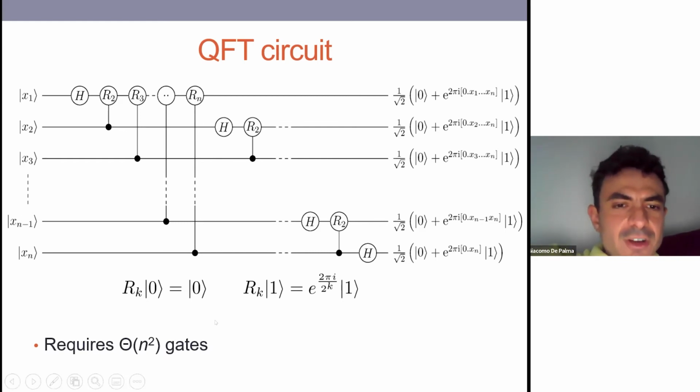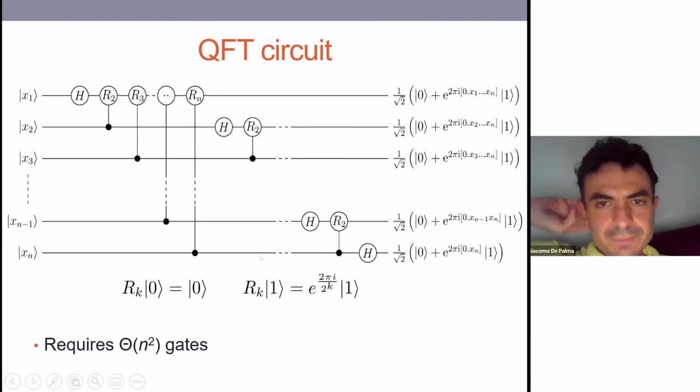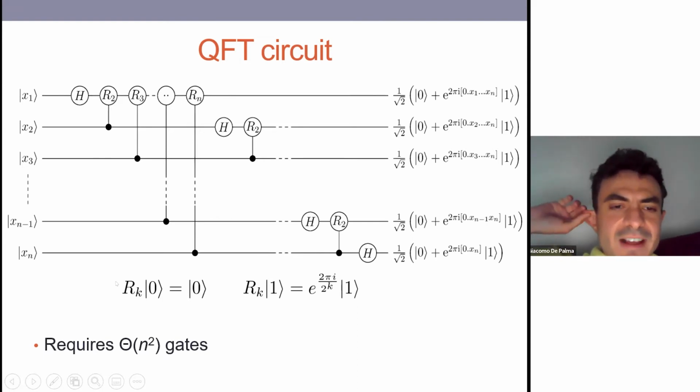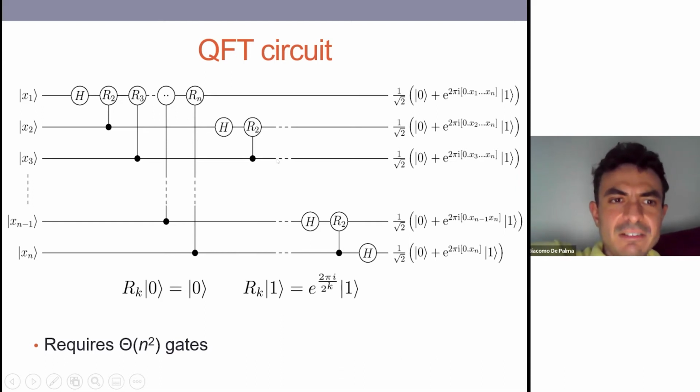Okay, and actually, if you count how many gates we needed to implement this circuit, you will find that the number of gates that we need scales as n squared, where n is the number of qubits, because we have n gates applied to the first qubit, n-1 applied to the second, n-2 applied to the third, and so on.